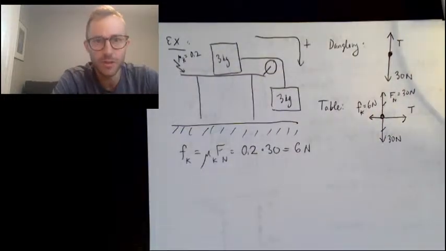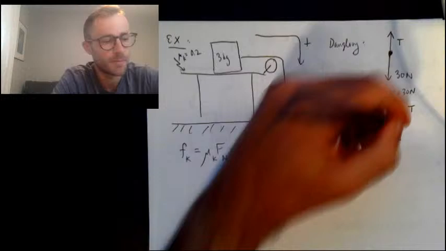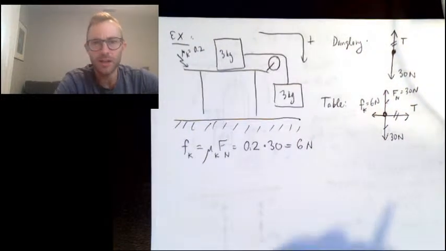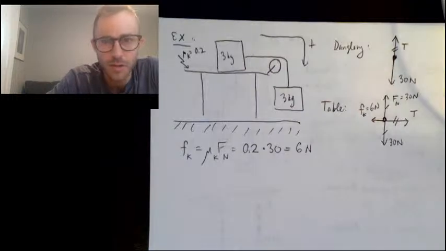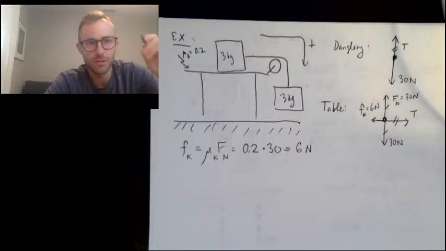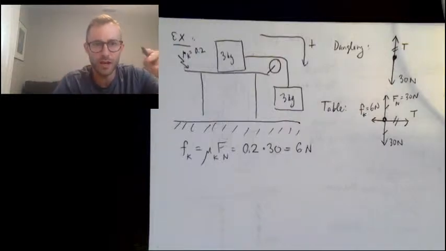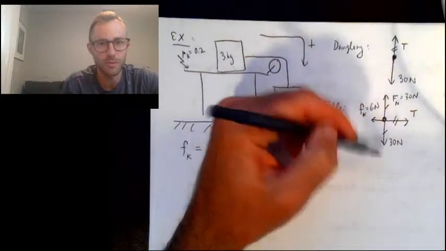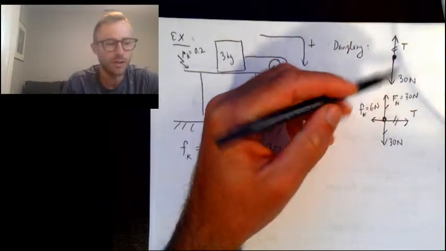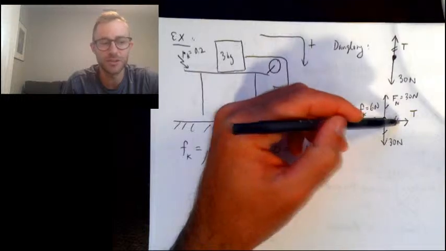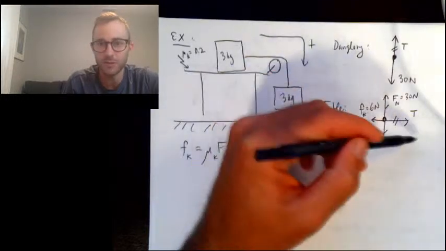I also know that because this is the same rope, these two tensions are going to be the same. So I use the same notation as you might have used when you were learning geometry, which is, when two things are the same, they might put a little slash on them. So these slashes indicate that normal force is equal to weight force, but the tension is not equal to the normal force, so I have to use a different indicator.